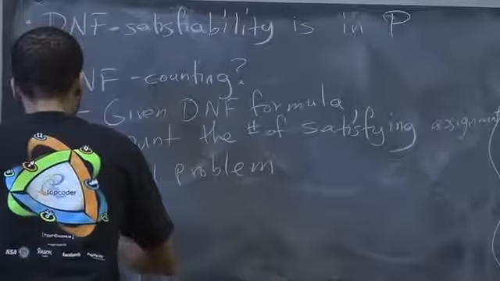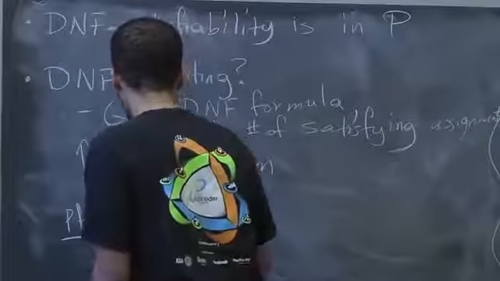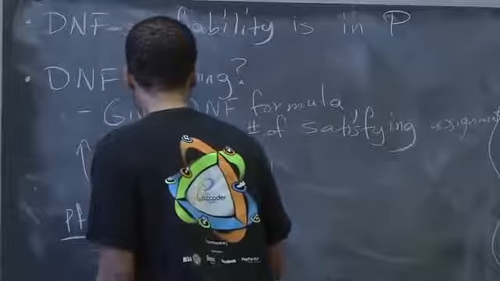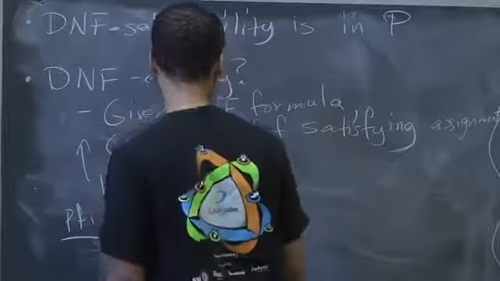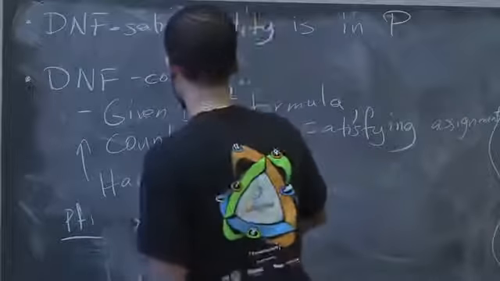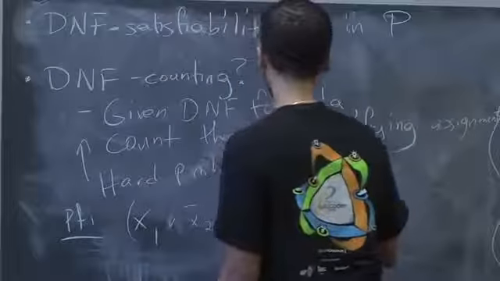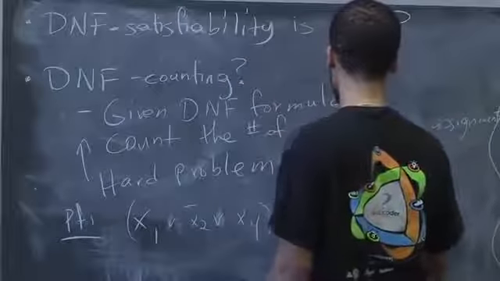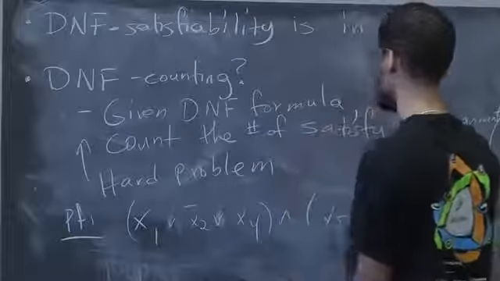So the proof that it's hard is that if you have a SAT formula, let's say you have x1 and not x2 and x4 or something. Whoops, this is a DNF. Let's say a SAT formula looks like that, and you have some other thing, x5 or not x1 or whatever, right?